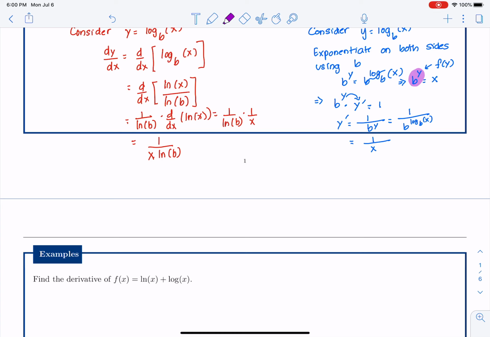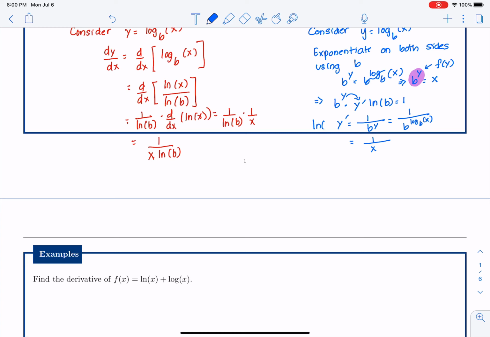And clearly we do not have a natural logarithm. We have a logarithm of a different base that is not equal to e. So when we take the derivative, since it is not equal to e, we have to multiply it by ln of b. So that's the thing that we missed out, and that is the reason we are missing that ln of b.